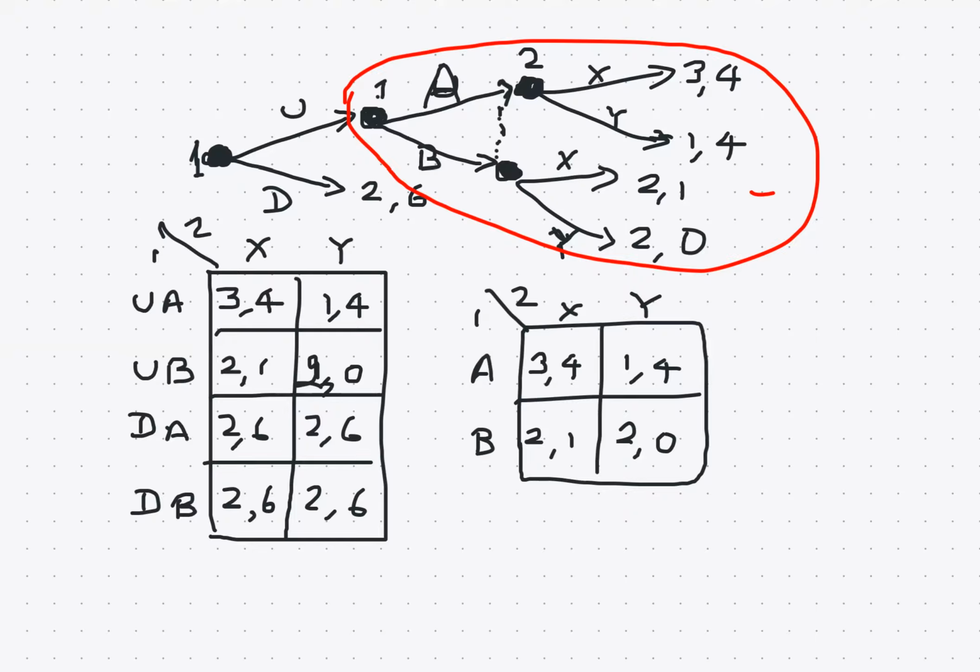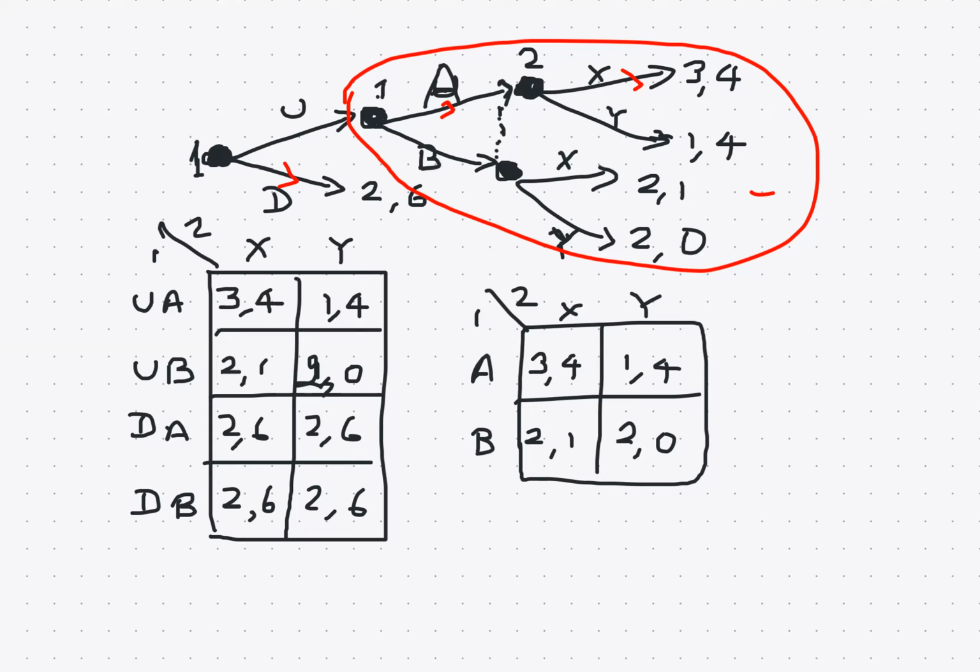So for example, consider a strategy profile DAX. If this profile is played, then play never enters the proper subgame. But DAX does include a specification of what the players would do conditional on reaching the proper subgame. So in particular, it prescribes action A for player 1 and action X for player 2.